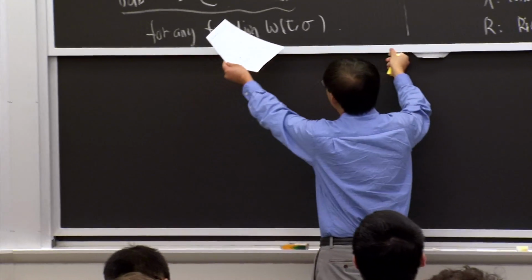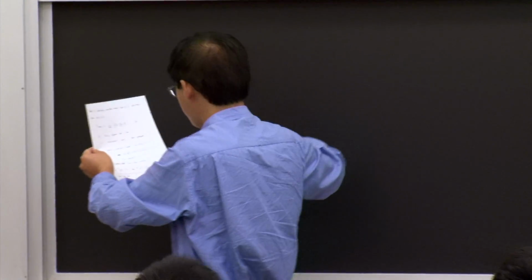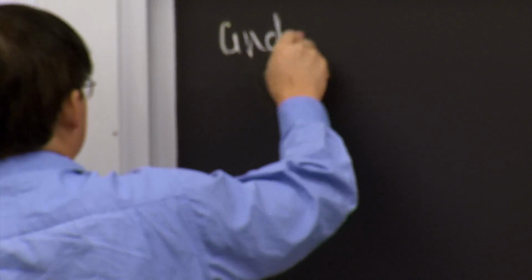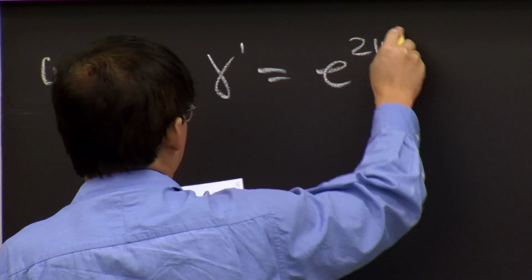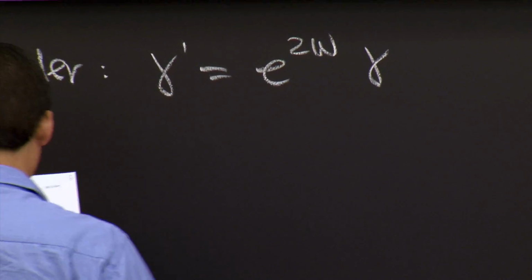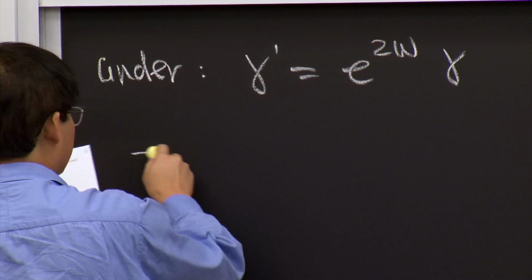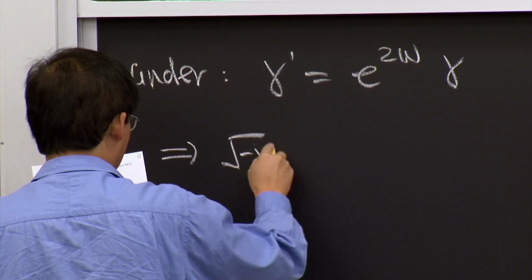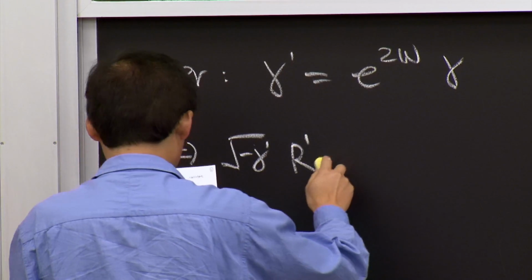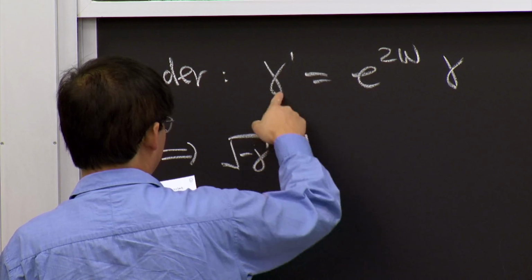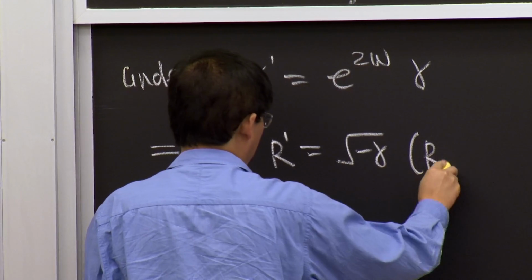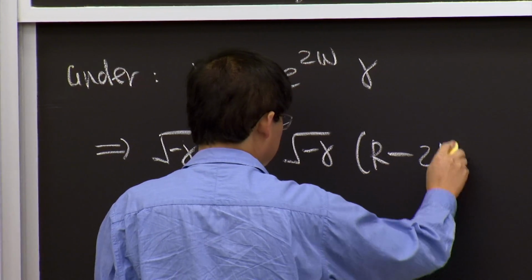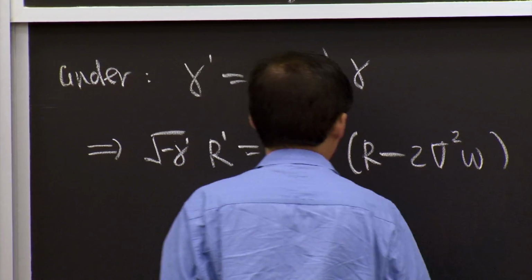Under C, if you make such a transformation, gamma prime equals exponential 2 omega times gamma, then you find that square root of minus gamma prime times R prime, where R prime is the Ricci scalar for gamma prime, is equal to square root of minus gamma times R minus 2 and so on.